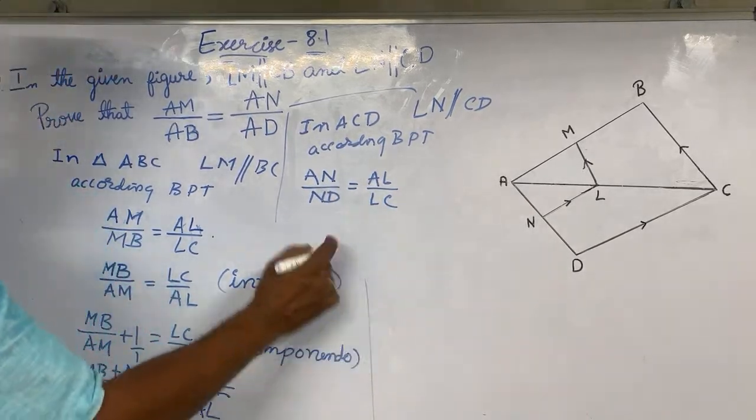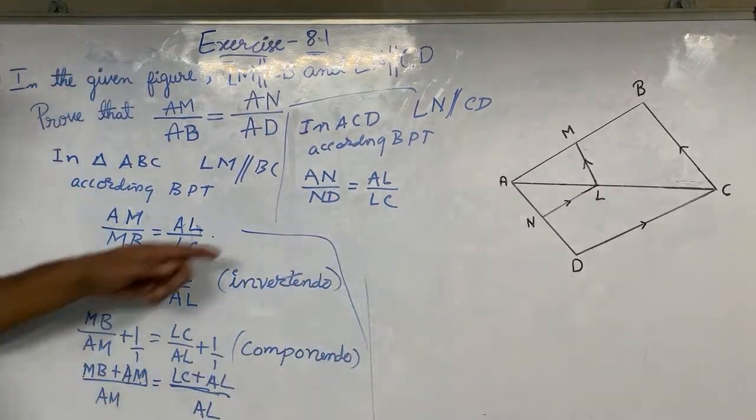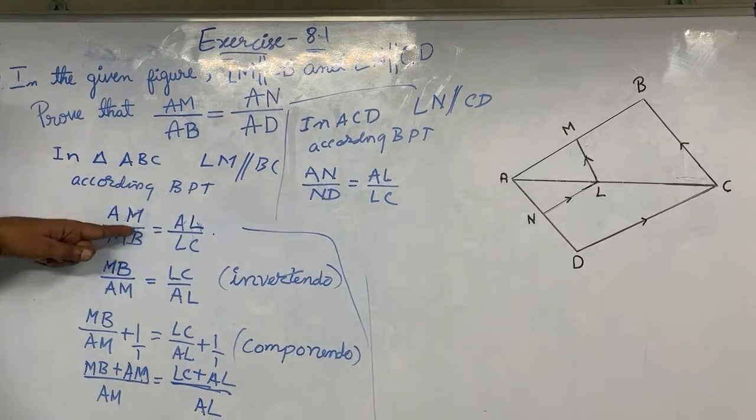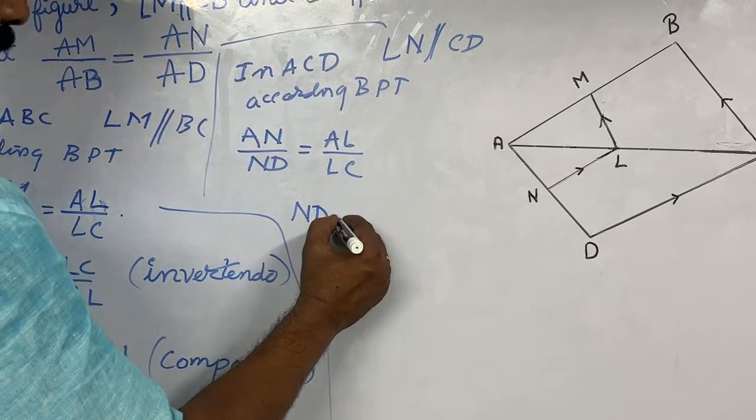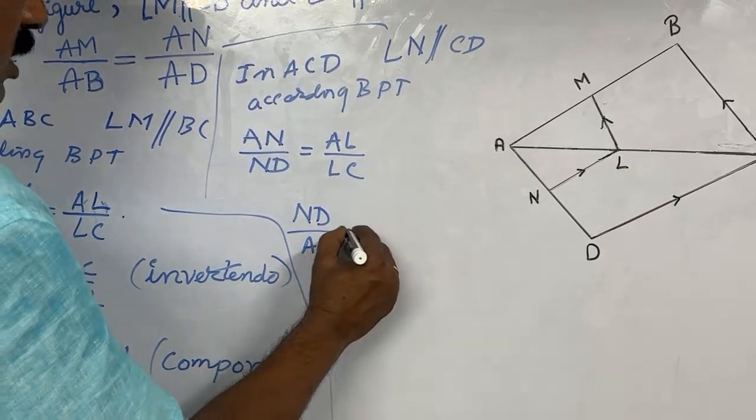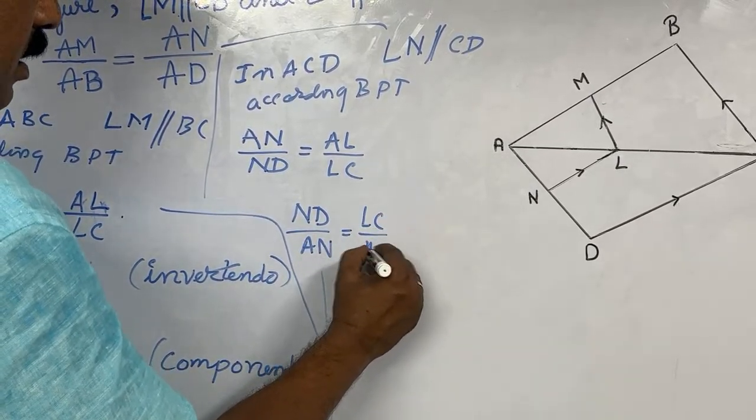This one we know very well. What do you have to do? Same steps. We got the ratio, we need invertendo. Here also we do invertendo, that is ND by AN is equals to LC by AL.